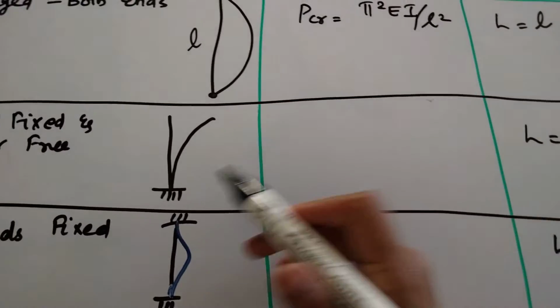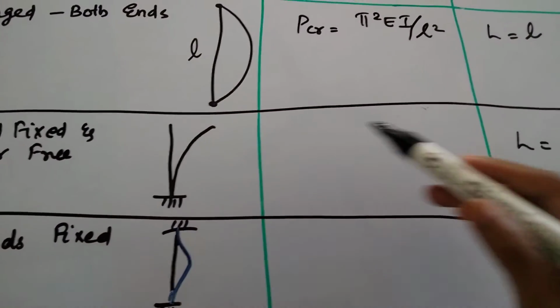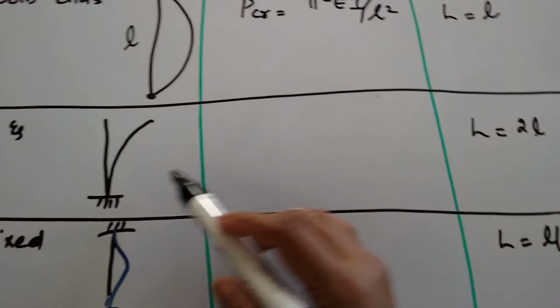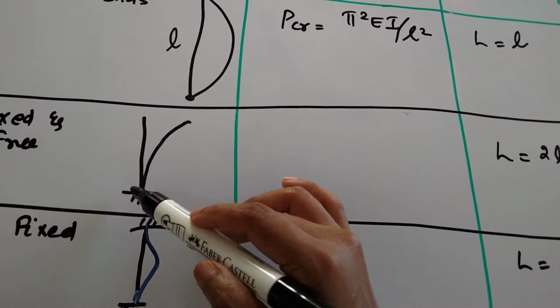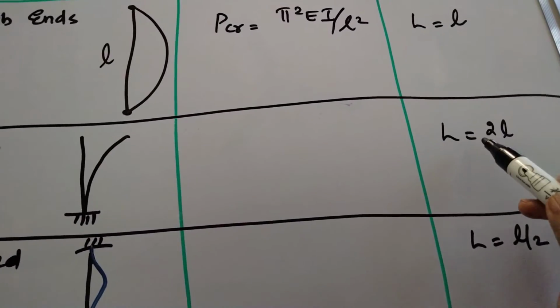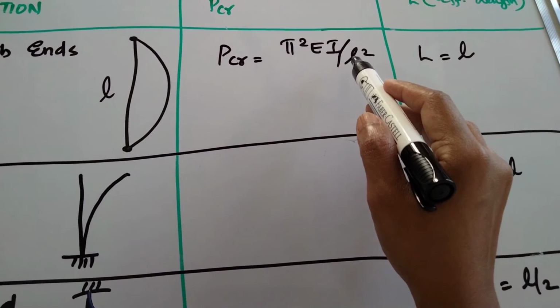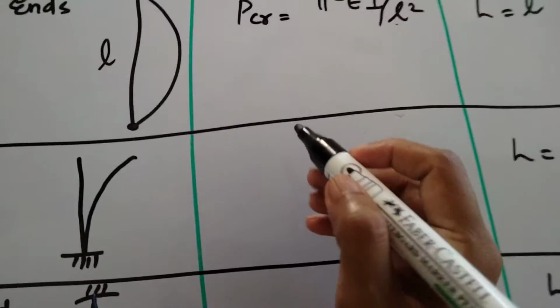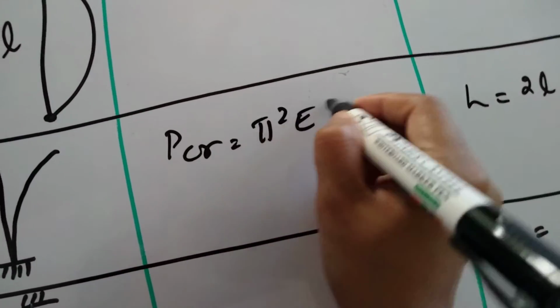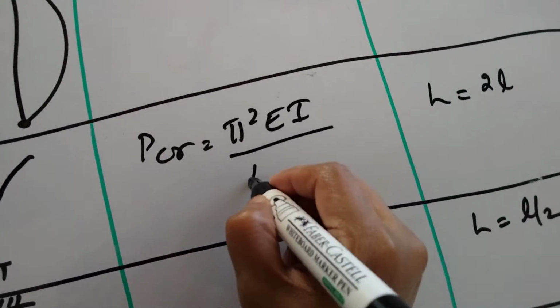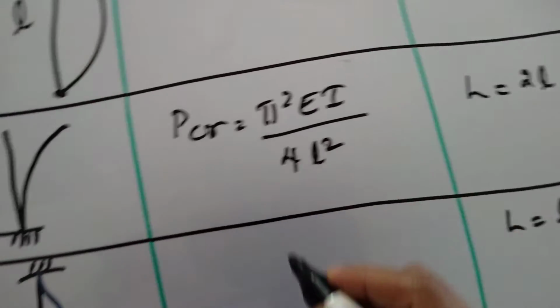The effective length will be 2L, because this end is free, so the length is getting increased to 2L. Substituting Le is equal to 2L here, we get PCR as pi square EI by (2L) the whole square, that is 4L square.